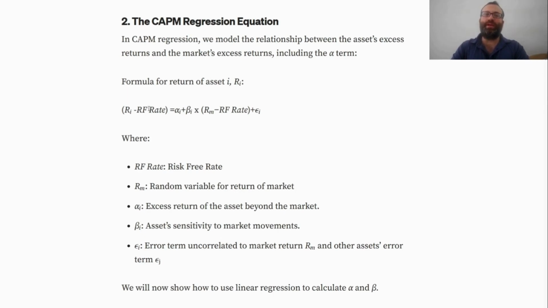But we're assuming that the return of asset i is only related to the return on the market through this beta_i, and an epsilon_i which is specific to asset i. Each asset has its own epsilon_i, and CAPM assumes that the epsilon_i are independent, uncorrelated. So epsilon_j for asset j is uncorrelated to epsilon_i.